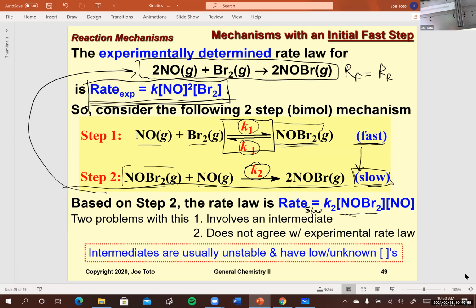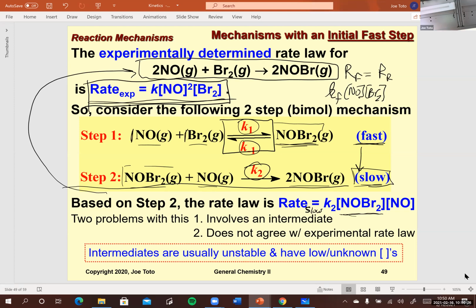So for that first step, the rate law forward is going to look like some rate constant Kf times the concentration of NO times the concentration of Br2. I know that they're first power for both because the stoichiometric coefficients are 1.